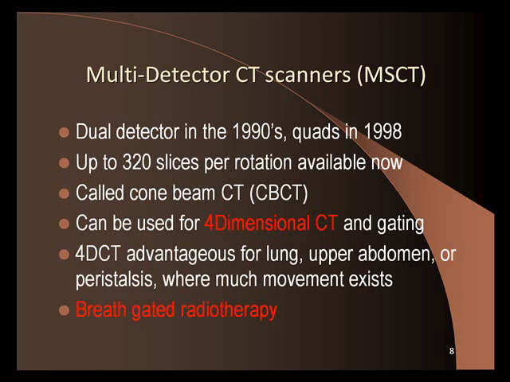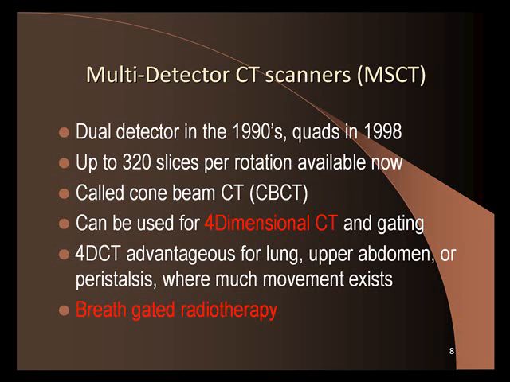That means that if you have an 8-slice scanner, for one rotation you have 8 slices. So it's a lot quicker now. You don't need as much tube heat, you don't load the tube as much, and you can produce a quicker scan.